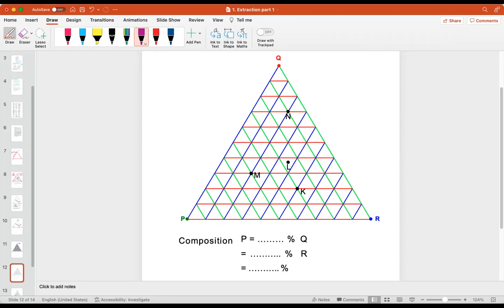Okay, so let's maybe try it first, who wants to try? Ilham, do you want to try the composition for point N? Come on.